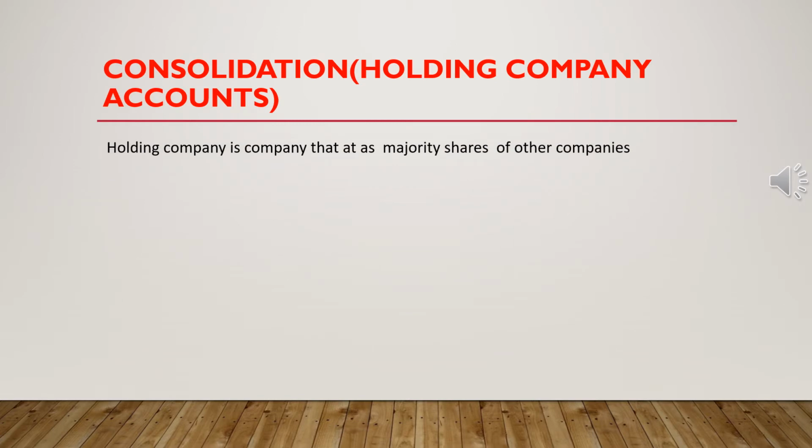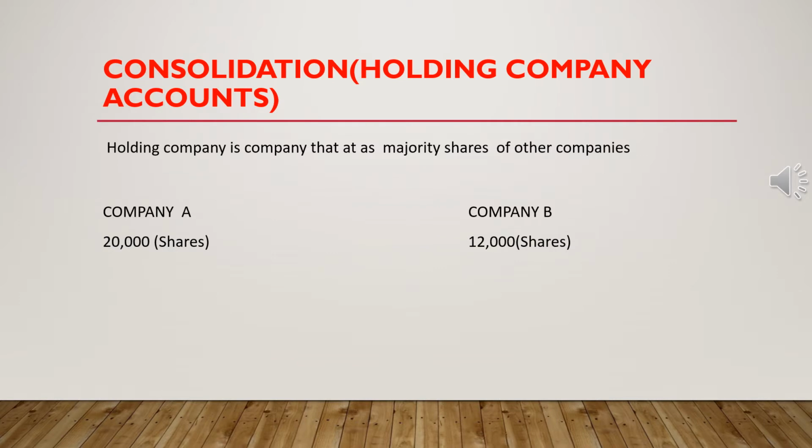Okay, a holding company is a company that acquires the majority shares of other companies. For example, if you take two companies, company A and company B, company A has 20,000 shares, and company B has 12,000 shares.